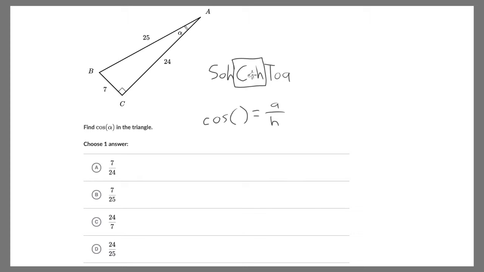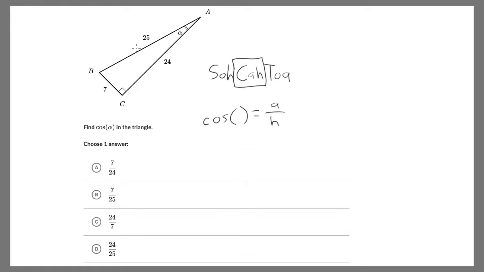Pretty much you get the first letter, put it on top, get the second letter, put it on bottom. This applies to all three words of Sohcahtoa. So O over H, A over H, O over A, for all the functions. Now we got our function labeled, and let's plug in the values.